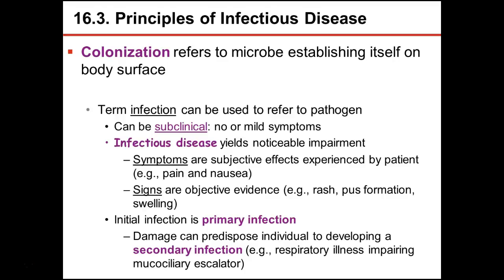So for instance, somebody that might have HIV, that might be a primary infection, but as they start losing their immune system function, they're going to open up their body to more secondary infections, and these are going to be ones that come in afterwards. And these tend to be problematic because the immune system is not very good at actually fighting off two things at once.